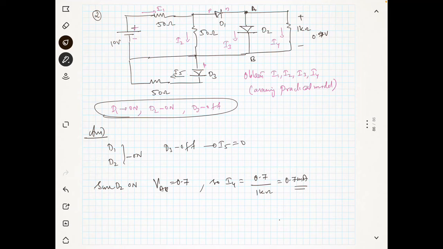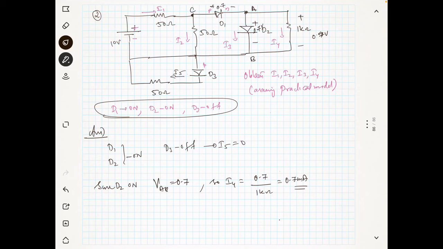Now we have no idea about I3. How to obtain I3? Before that, you know that this diode is on, so this voltage is 0.7, and D1 is on, so this is also 0.7.